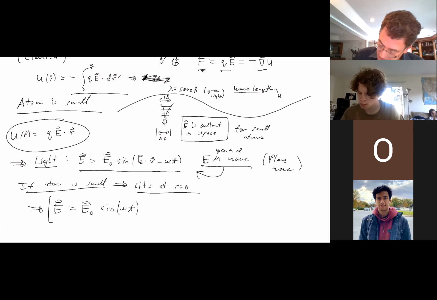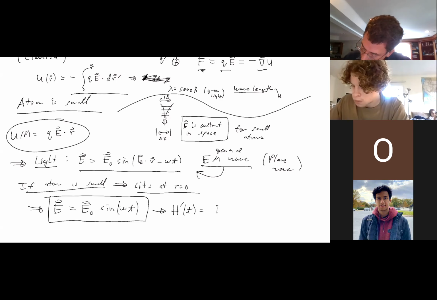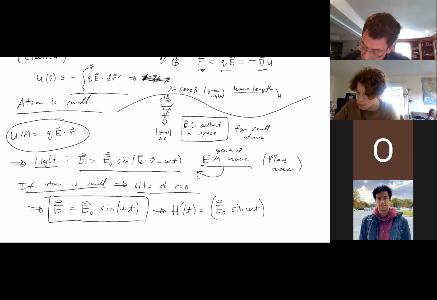So this is my electric field of the electromagnetic wave, and so then my perturbation Hamiltonian is going to be E naught sine omega t times q dotted with r.